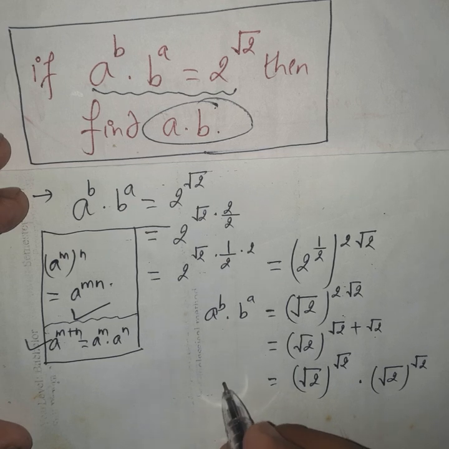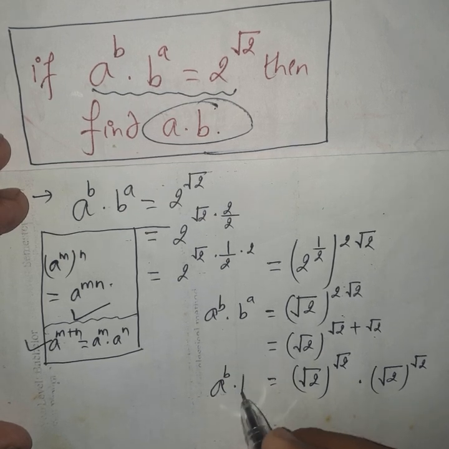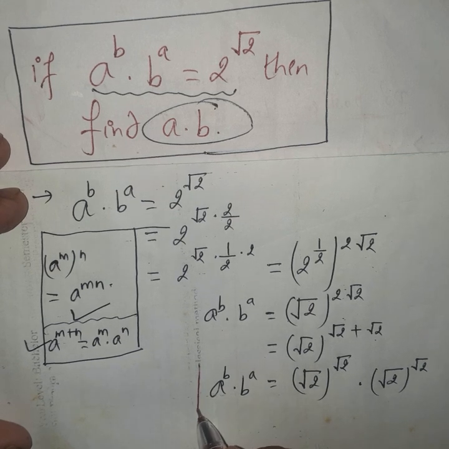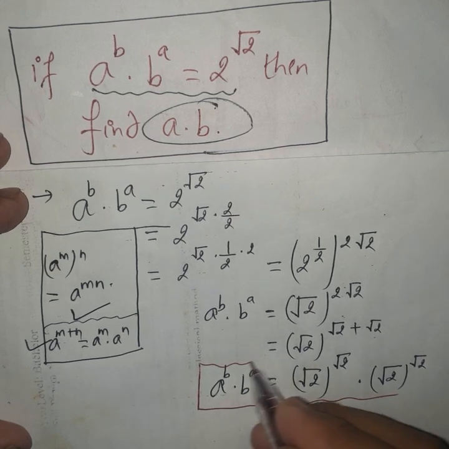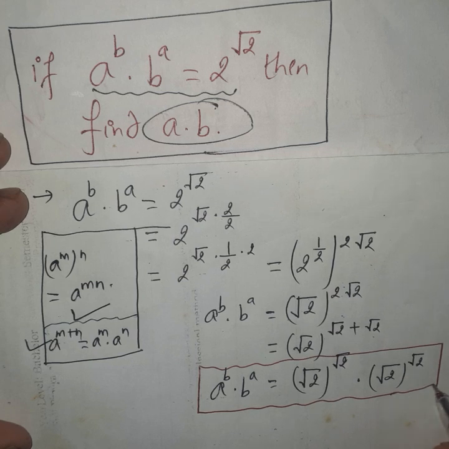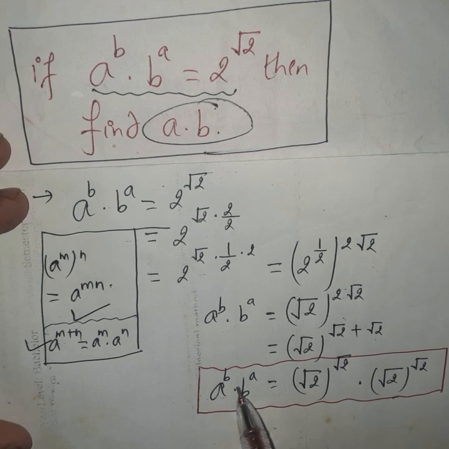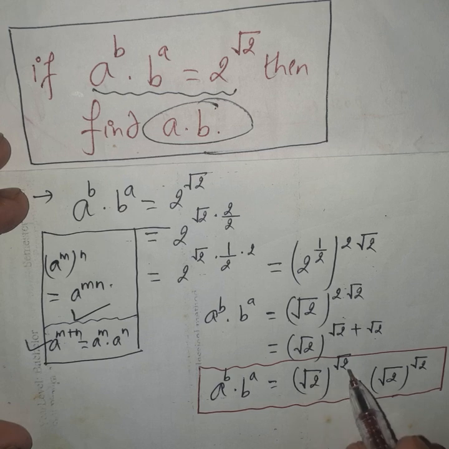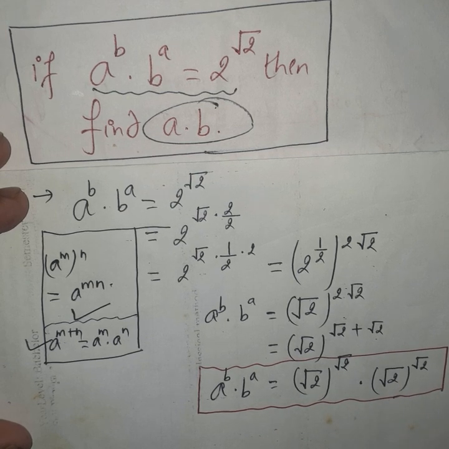This is the value of a raised to the power of b times b raised to the power of a. Here we finally obtain this very beautiful result: a to the power of b times b to the power of a equals square root 2 to the power of square root 2 times square root 2 to the power of square root 2.